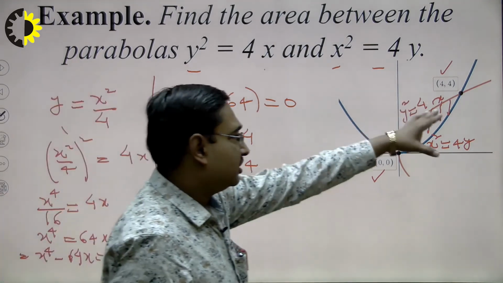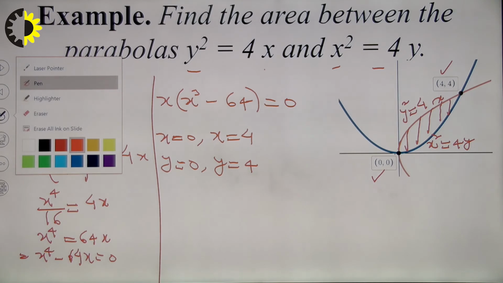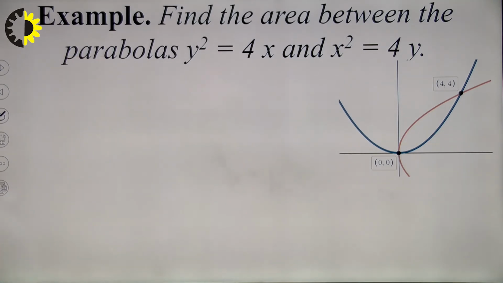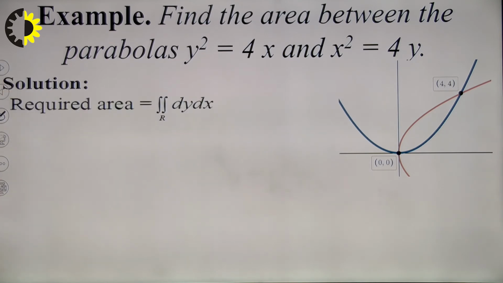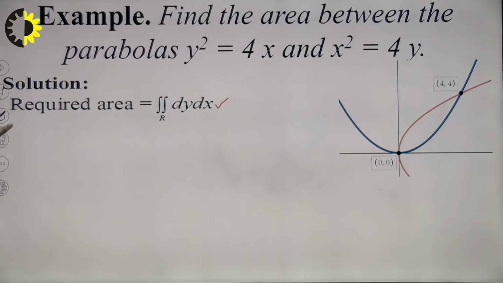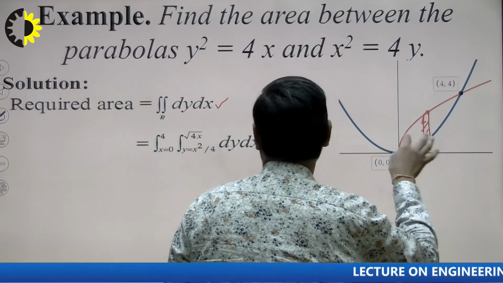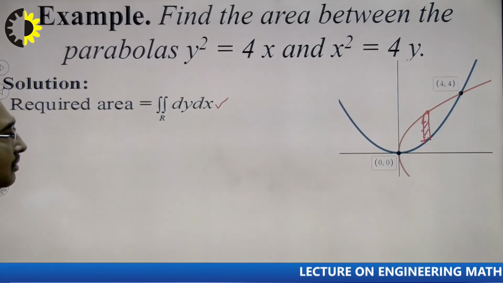Now the region is shaded, the points of intersection, the endpoints, are already calculated, and now we are going to find limits. The area will be double integral over R dy dx. Now to find the limits, I divide the region into vertical slices.